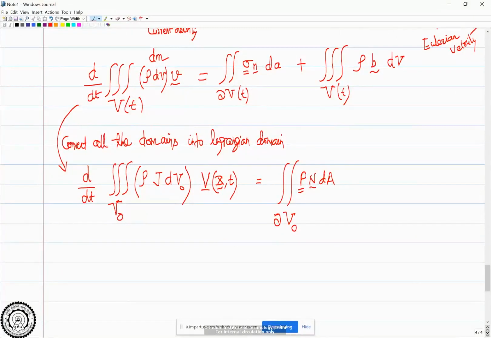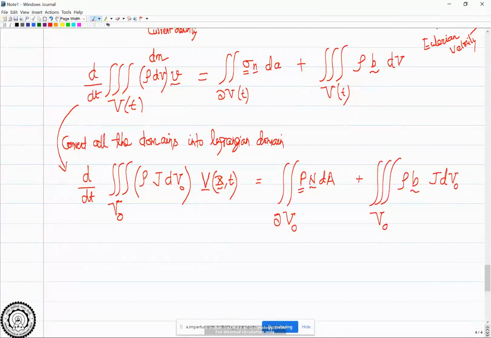Then you have plus, again the integration over the undeformed volume, rho B J dV naught. Now you have to use the Lagrangian form of mass continuity.